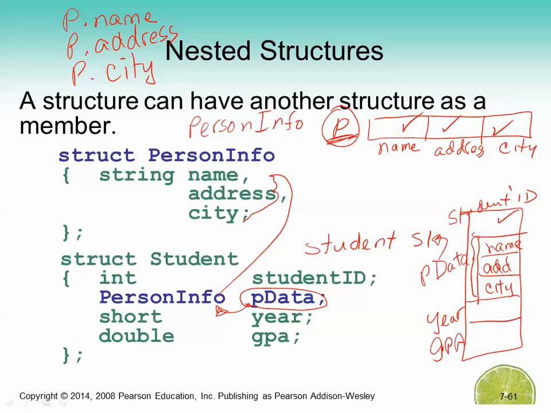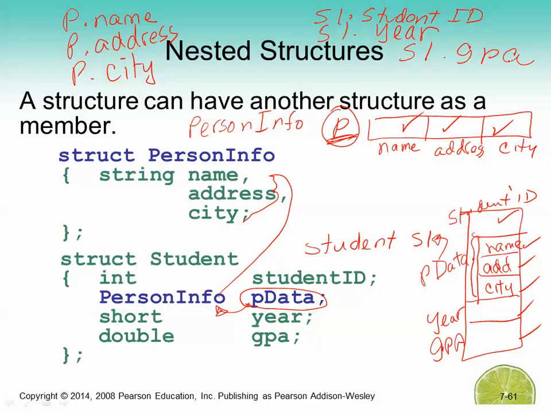I have 1, 2, 3, 4, 5, 6. In order to access student ID, I'm going to use S1 dot student ID. In order to access year, I'm going to use S1 dot year. In order to access GPA, I'm going to ask s1.gpa.